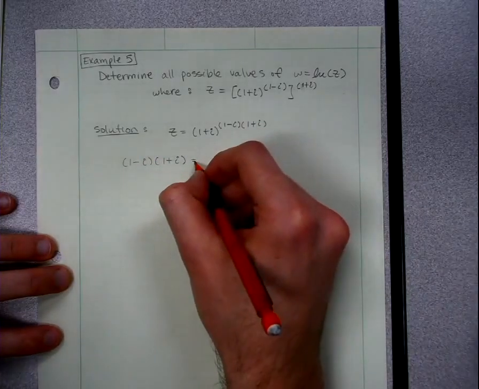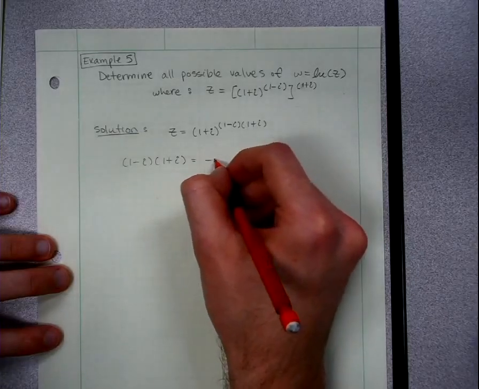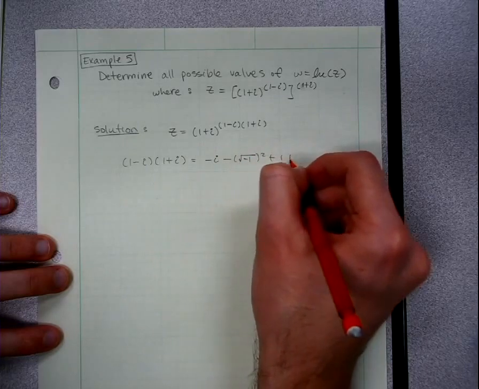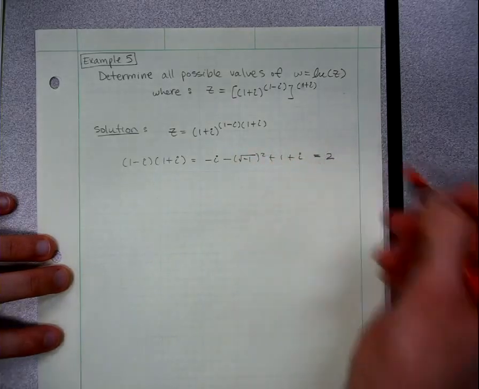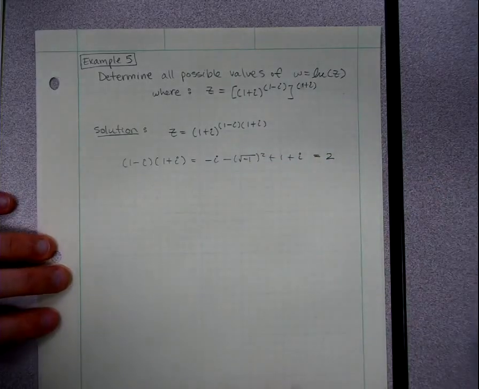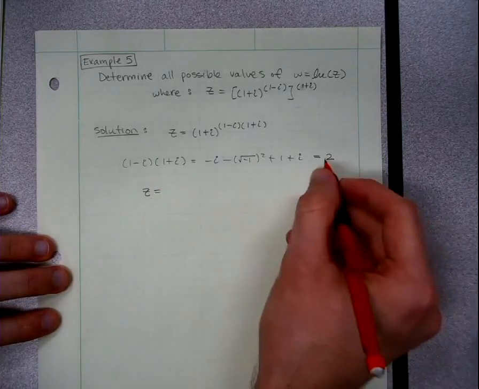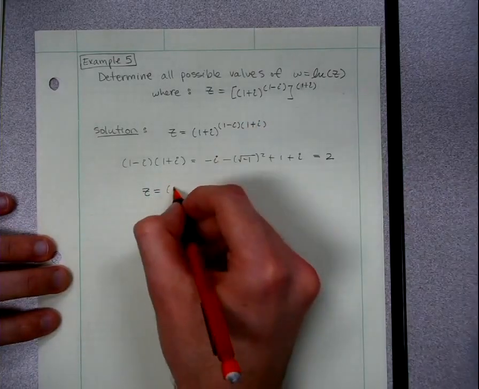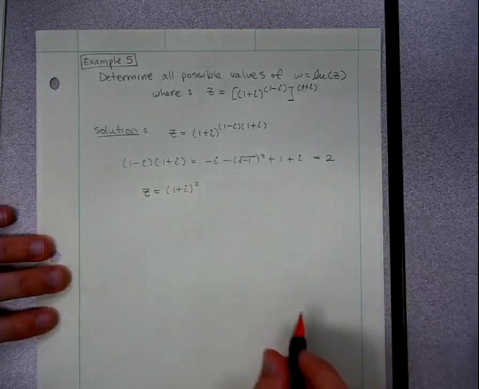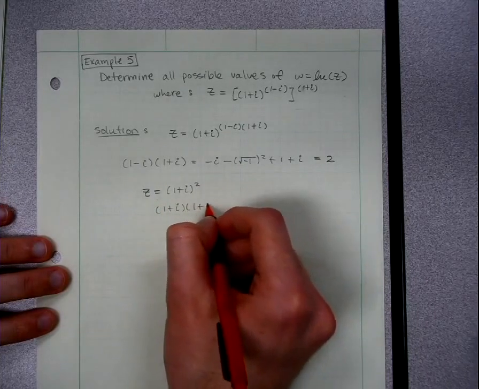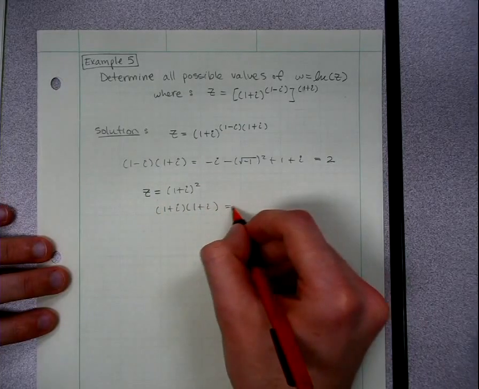In doing so, we get negative i minus the square root of negative 1 squared plus 1 plus i, which equals 2. So rewriting z, just substituting that 2 in here, we get 1 plus i squared. And so 1 plus i times 1 plus i equals i squared plus 1 plus i equals 2i.